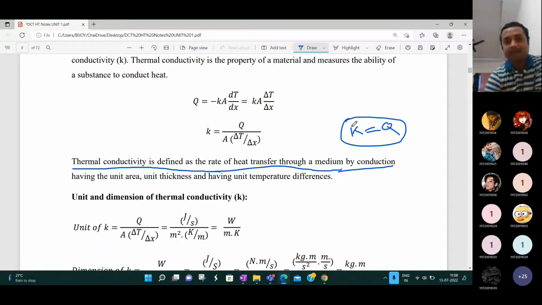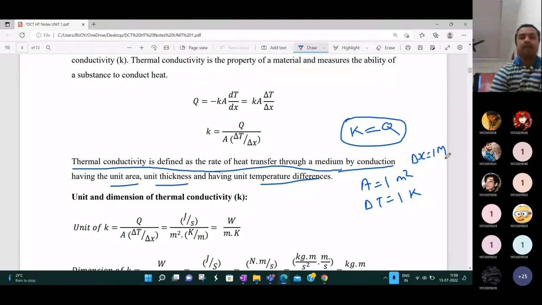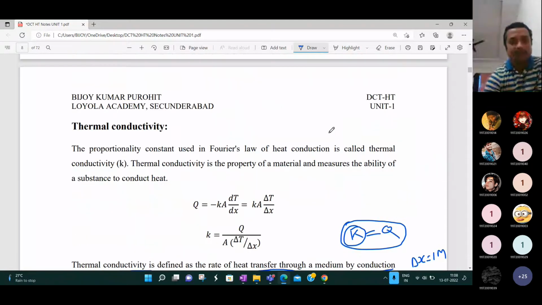The simple definition: when having unit area, unit thickness, and unit temperature difference, that is, when area is equal to 1, delta T is equal to 1, and delta X is equal to 1 meter, then the rate of heat transfer is called the thermal conductivity value. So this is all about thermal conductivity.